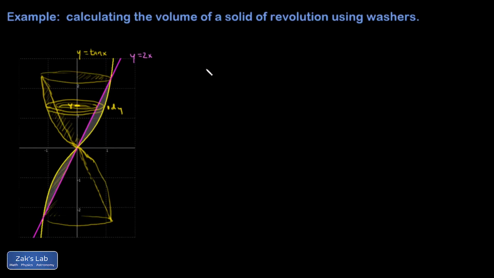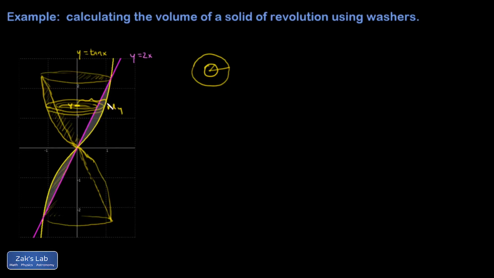So I'm going to view it from overhead. There's the inner circle and the outer circle. I'm going to try to figure out the inner radius and outer radius so I can get the area of that and then multiply by the thickness. When I look at my outer radius, that's the distance from here to here, it's going to require me to invert this tangent function.